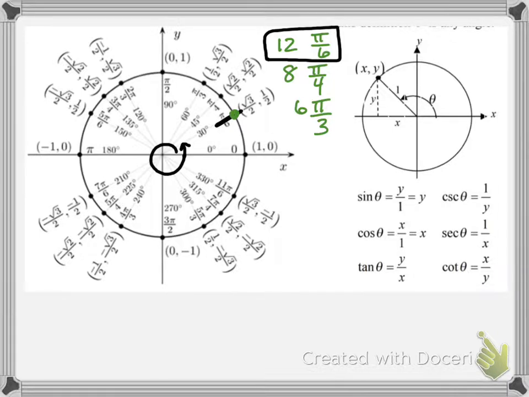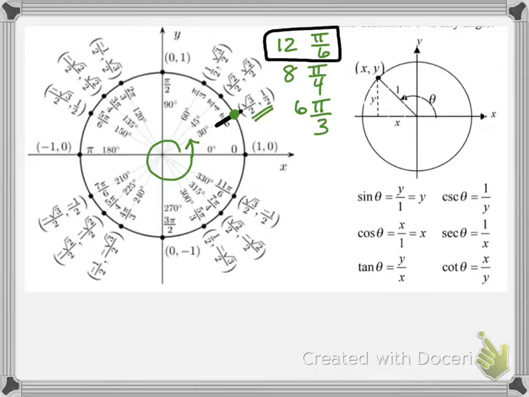All right, again, trying to give you a picture of what we did. We started here at 0. We rotated. We got to 12 pi over 6, and we keep going, and we stop here to make 13 pi over 6. Now, what did I need in this particular problem? I needed the y over the x, which is these two.